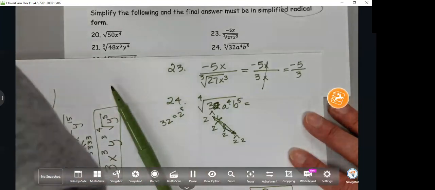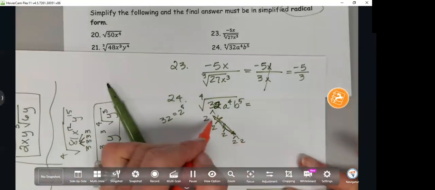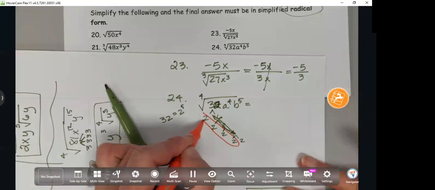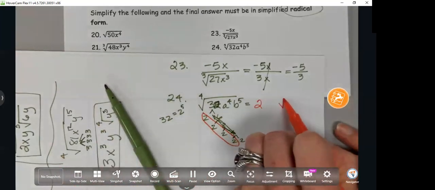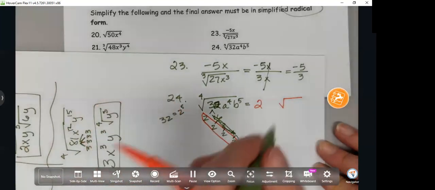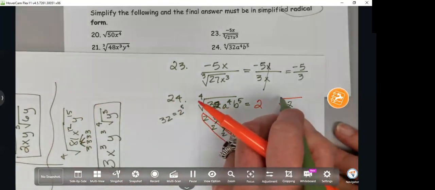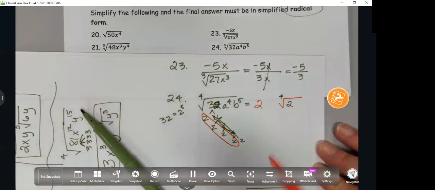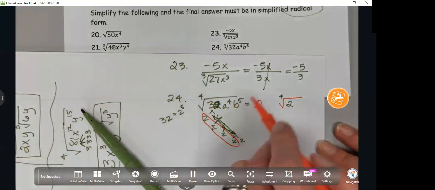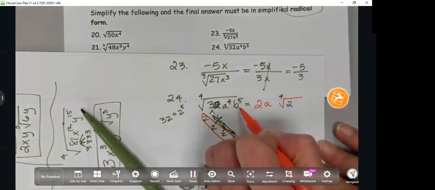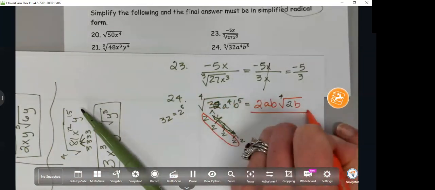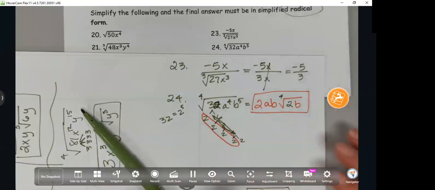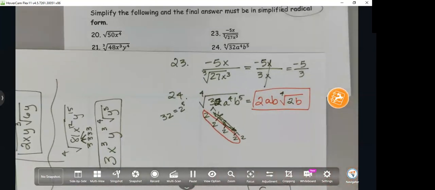I need 4. So I take the 2 out and I leave this 2 in. I've got 4 a's, so a is going to come right out. B, I've got 5 b's, so 1 comes out and 1 stays in. All right, moving on.